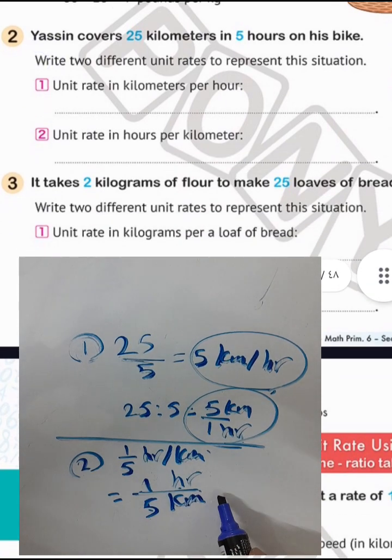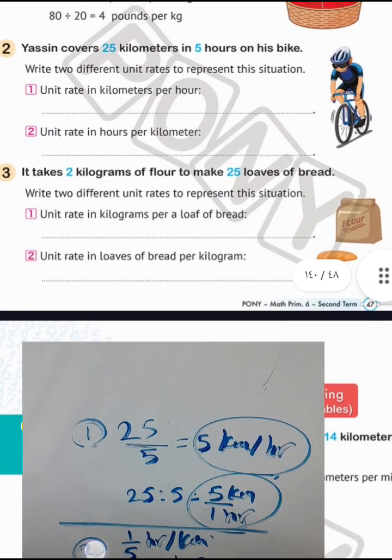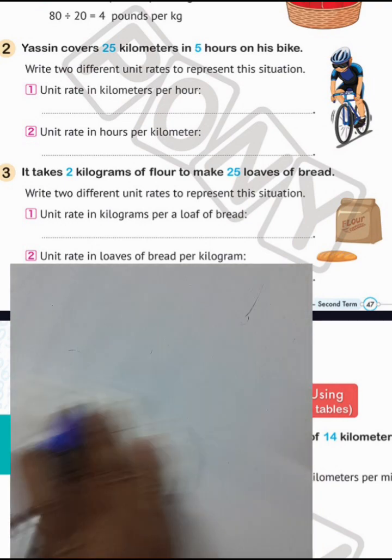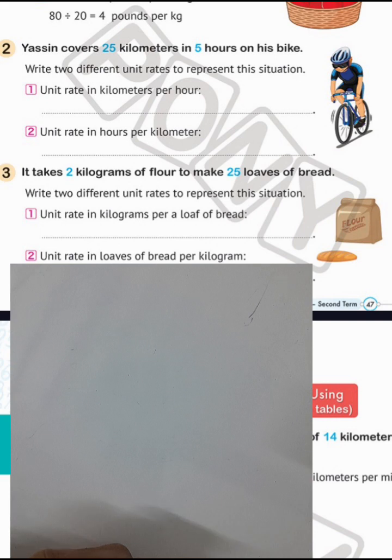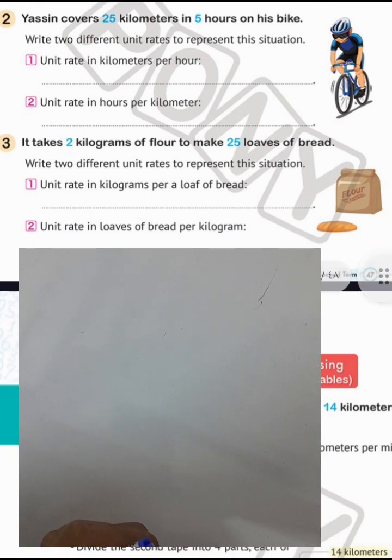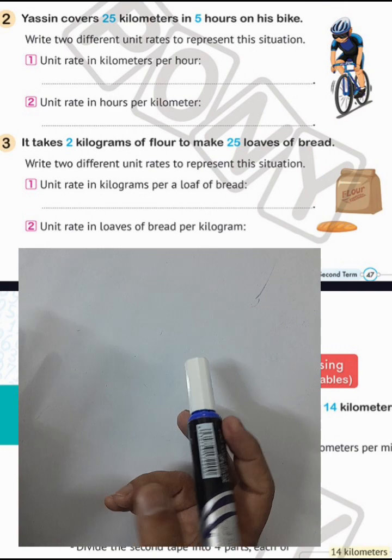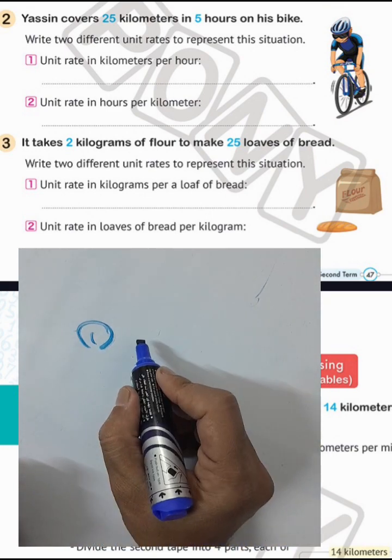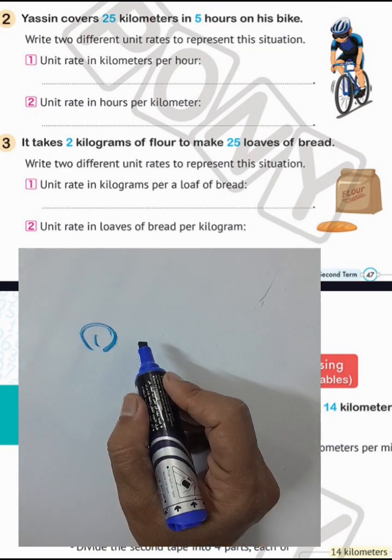Question number 3. It takes 2 kilograms of flour to make 25 loaves of bread. Write 2 different unit rates to represent the situation. Number 1: you want to find the unit rate in kilograms per loaf of bread.